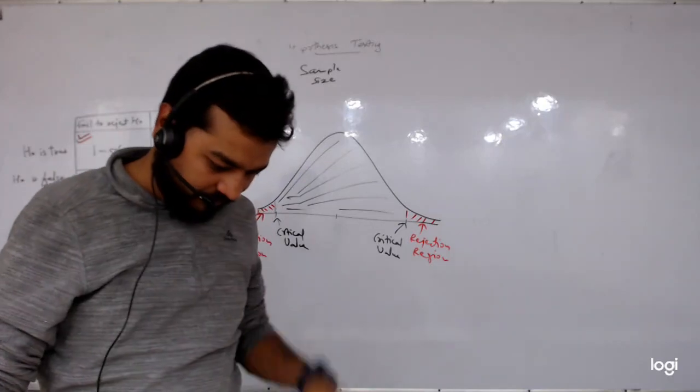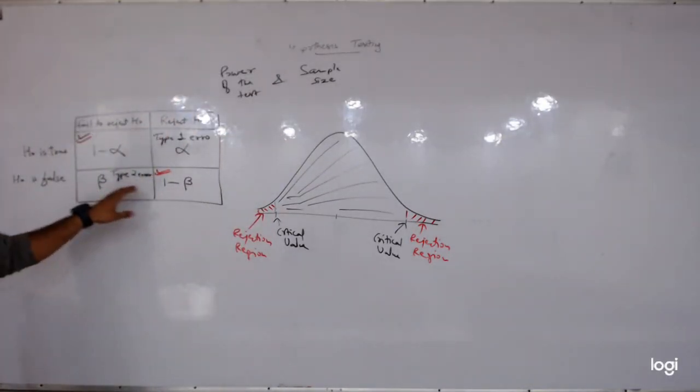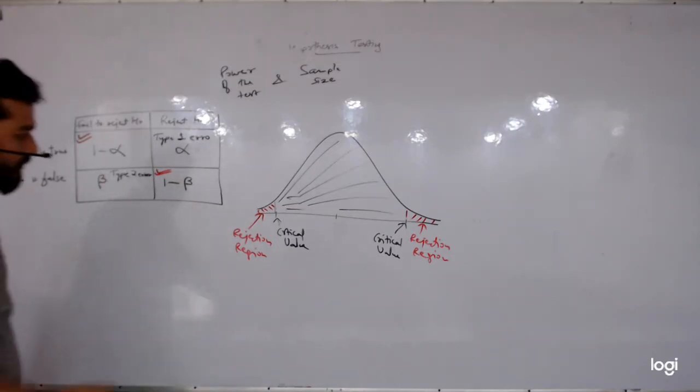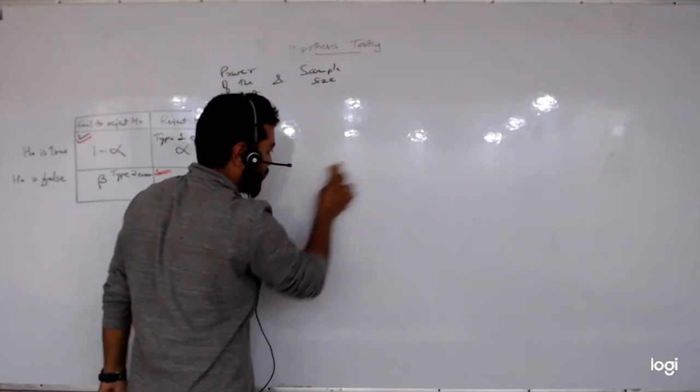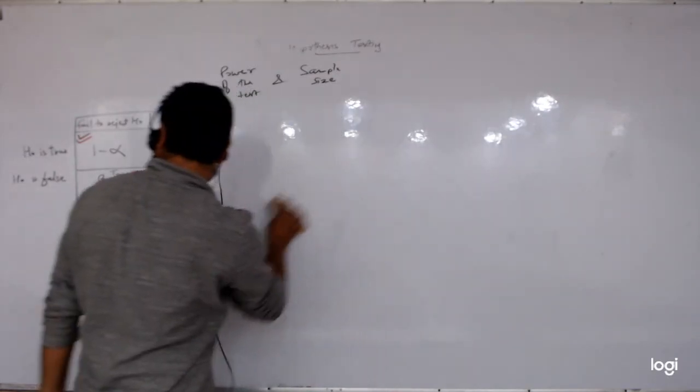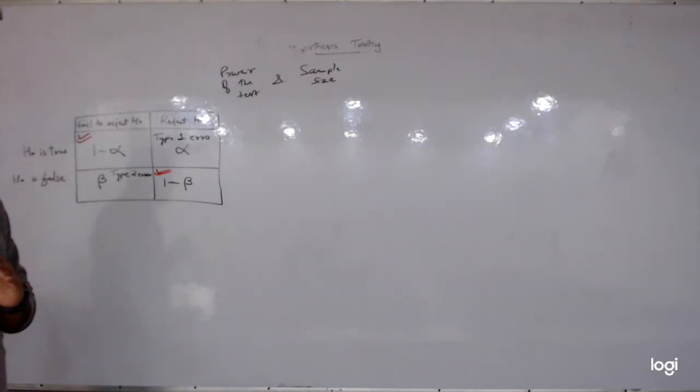Now, let's move on to how we calculate beta. Beta comes into play when our null is false.